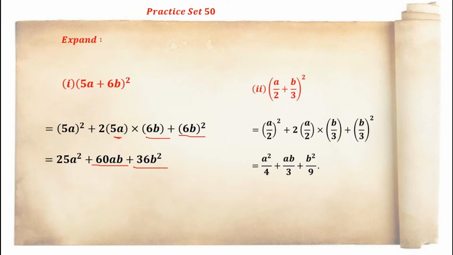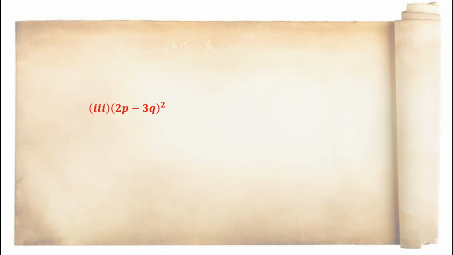So in this exercise we are moving to the third question, and that is on your screen. (2p minus 3q) raised to 2 means (2p) raised to 2, and here we are supposed to multiply 2p into 3q, and that will be 2 into 3 will be 6, and 6 into 2 will be 12.